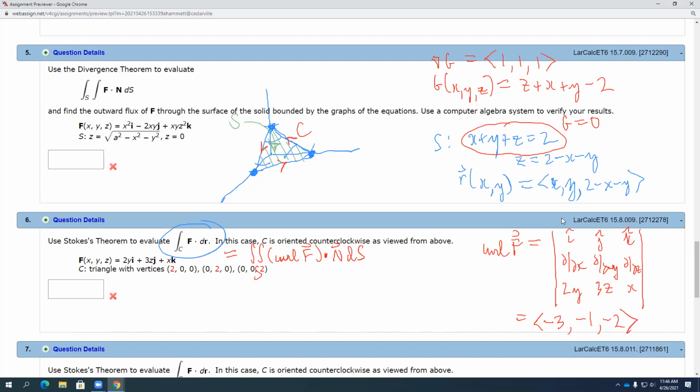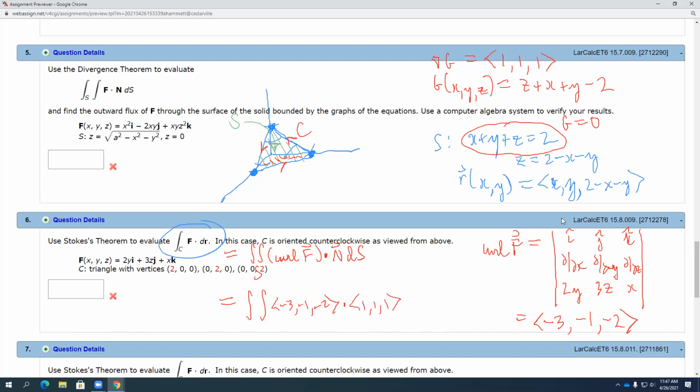So what are we going to do in this case? 1, 1, 1 dotted with this thing. You're going to have to think about what we're going to integrate over. It's going to be over the shadow of that surface down in the xy plane, the double integral of this vector, -3, -1, -2, dotted with 1, 1, 1.